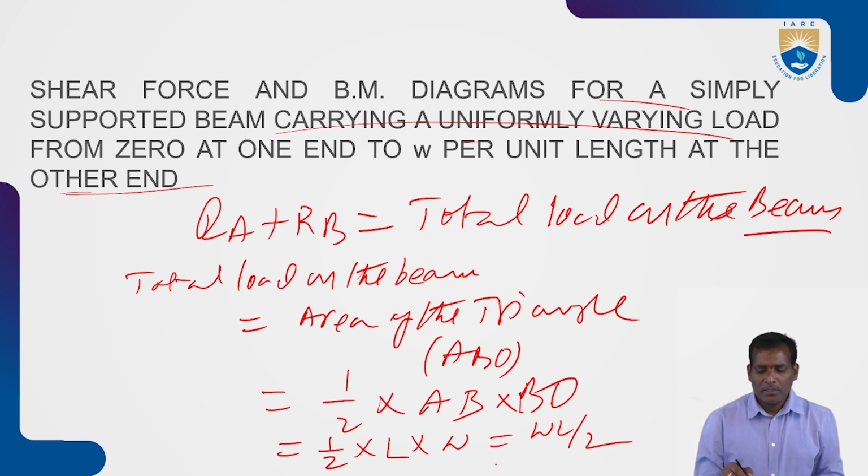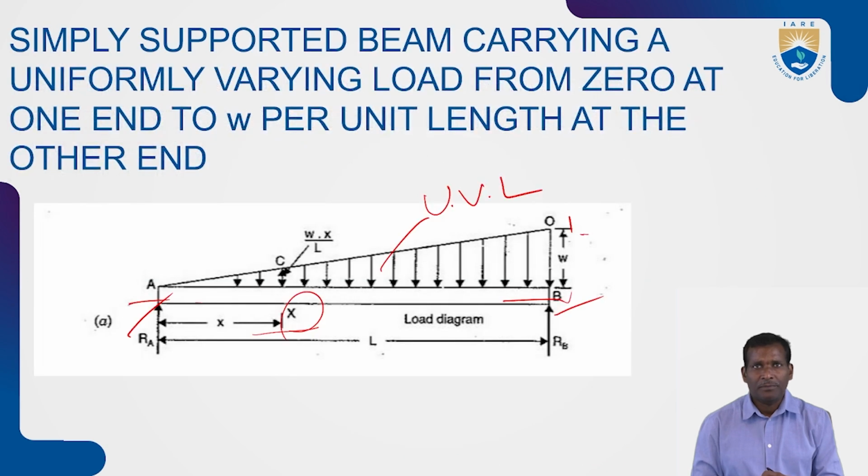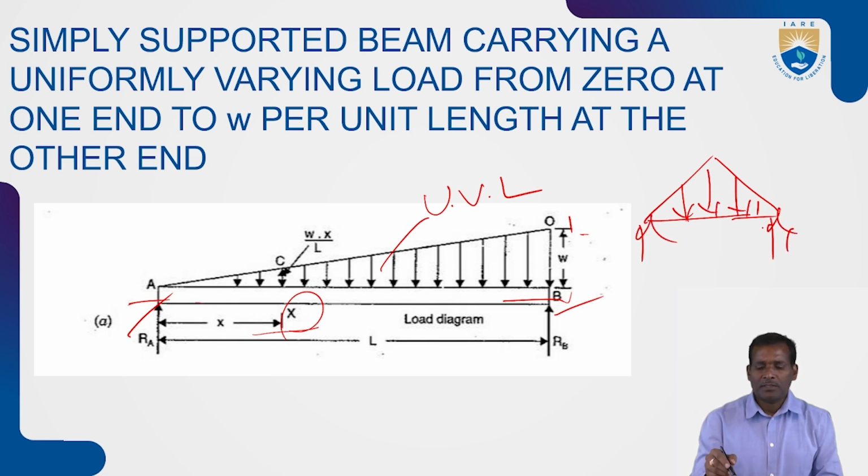But here the reaction forces are not half of the total load. Why? Because this is not symmetric. In the previous case the load acted at the center, with 0 at the two ends, so it was symmetric and we took half of the total load.